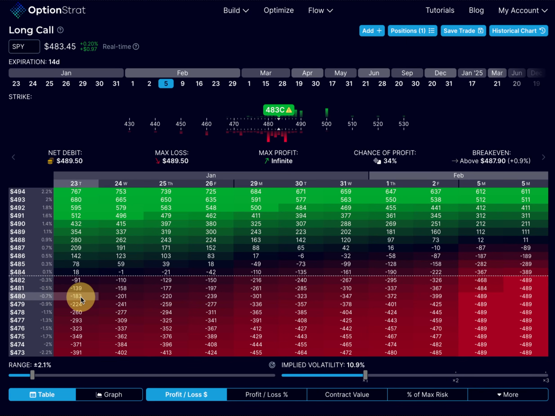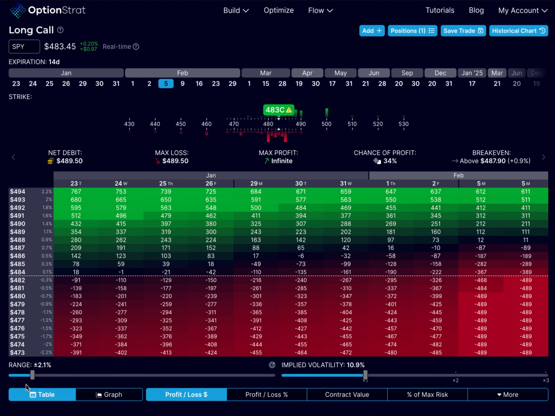And of course, I can also go out and look at any day and time. I can see, well, if I get to Thursday, the market is up to 488, well, I'll have $142 in profitability in this trade. So this is a way that you can look at your trade graphically and see what's going to happen to it over time.